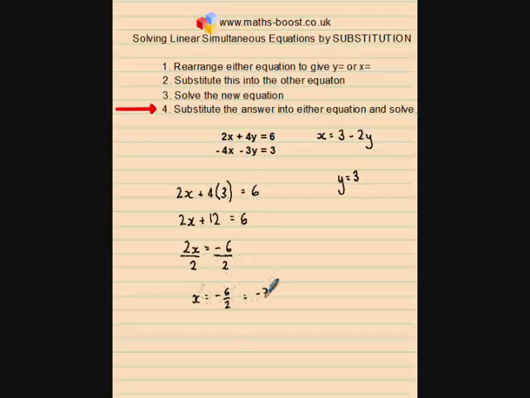In other words, x equals minus 3. So there I found my other part of the answer. So x equals minus 3 and y equals 3.